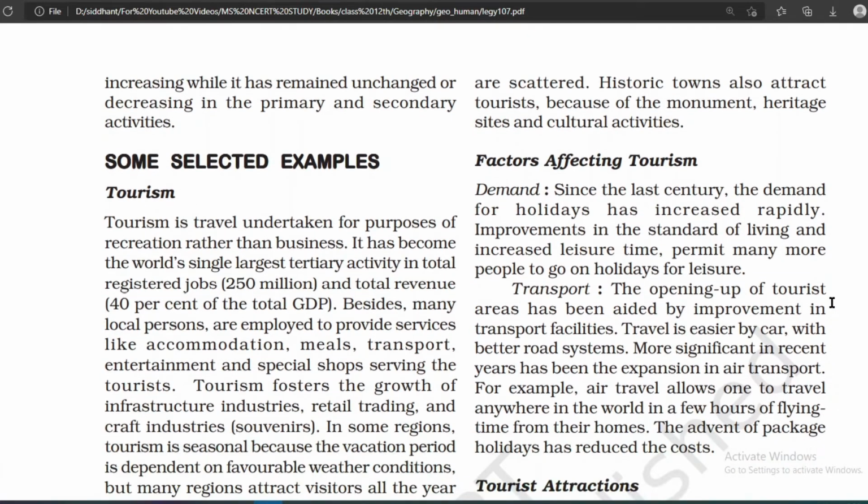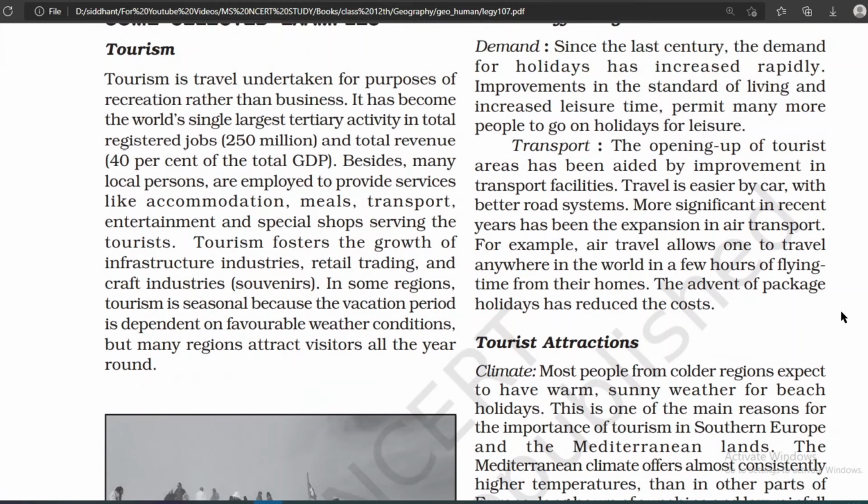Some selected examples: tourism. Tourism is travel undertaken for purposes of recreation rather than business. It has become the world's single largest tertiary activity in total registered jobs, 250 million, and total revenue, 40% of the total GDP.